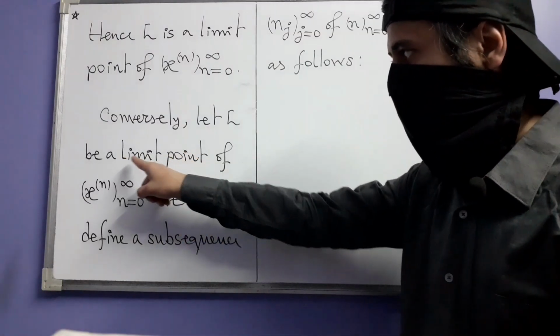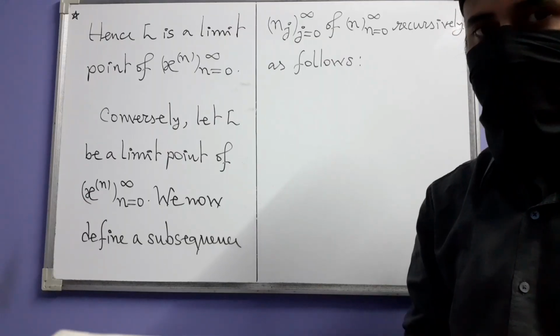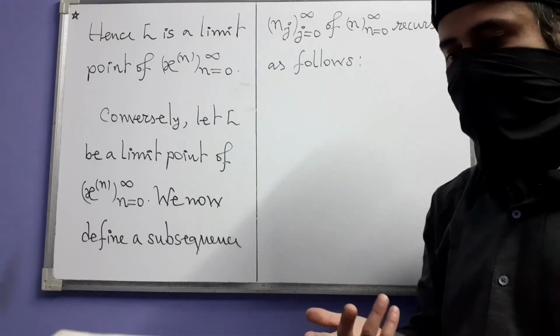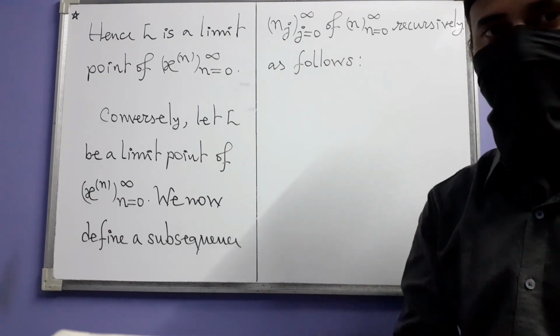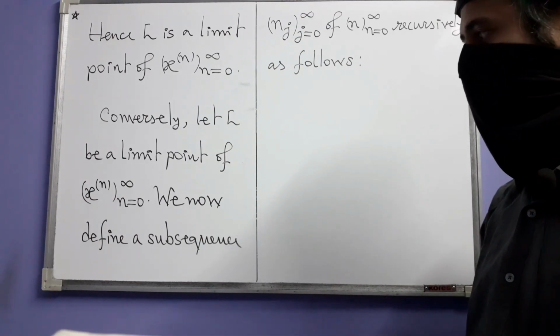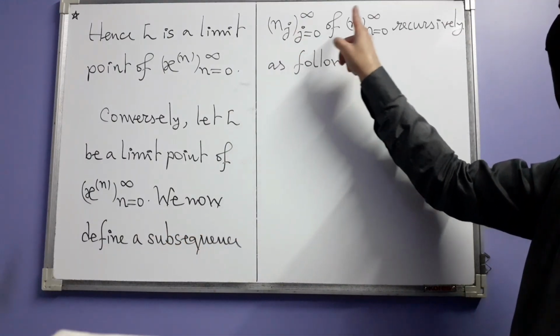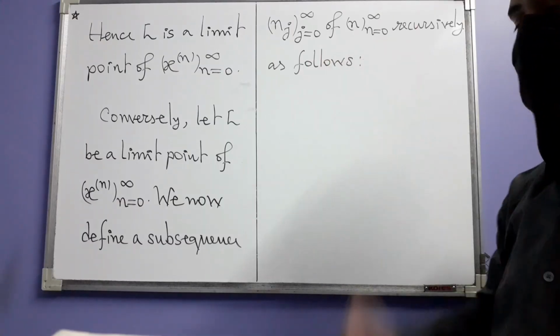Conversely, let L be a limit point of xn. Now we need to show that xn has a subsequence that converges to L. And if that subsequence is x_nj, then we are seeking those nj's. And that is why we next write, we now define a subsequence nj of the sequence of natural numbers recursively as follows.